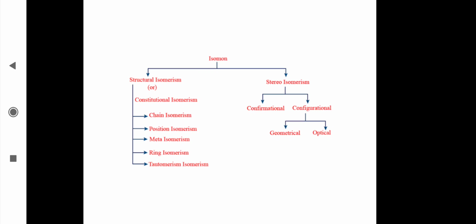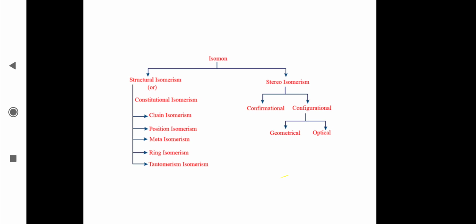But for configurational, the interconversion requires breaking and remaking of covalent bonds. This is the major difference between conformational and configurational isomers. Now we're going to move to the subclasses of configurational isomers, geometric and optical. In this class, we'll be talking about optical isomerism.